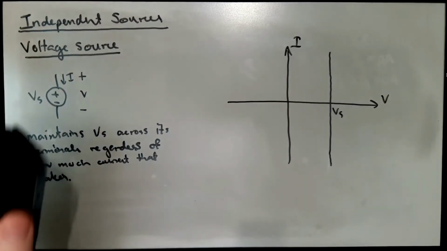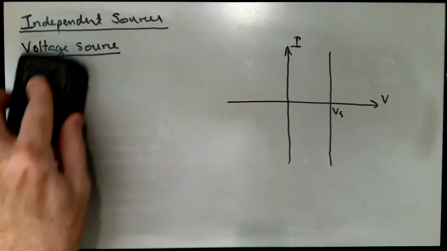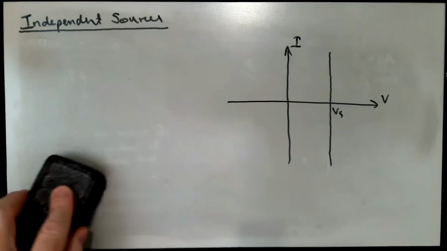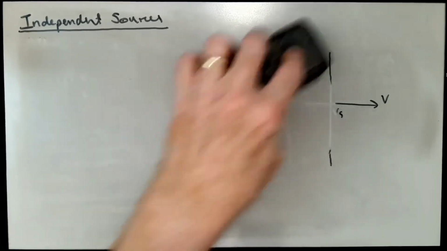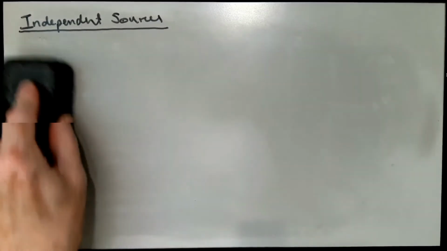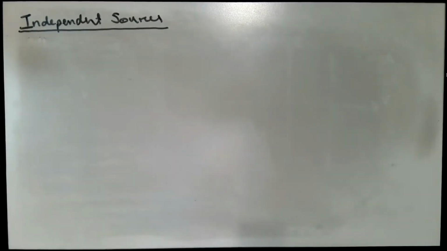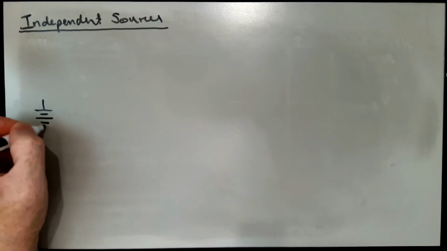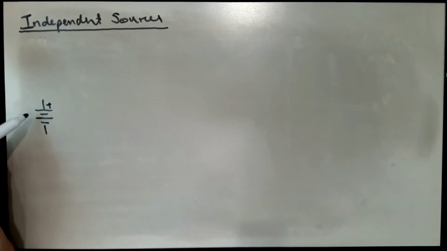Our second type of independent source is an independent current source. Well, I guess I should have said with voltage sources, we're going to be using that same symbol, the circle with a plus and minus in it, both for constant voltage sources and also for time-varying voltage sources. Sometimes you'll see people use, for DC sources, a symbol that looks like this, which is meant to be sort of a stack of battery cells.